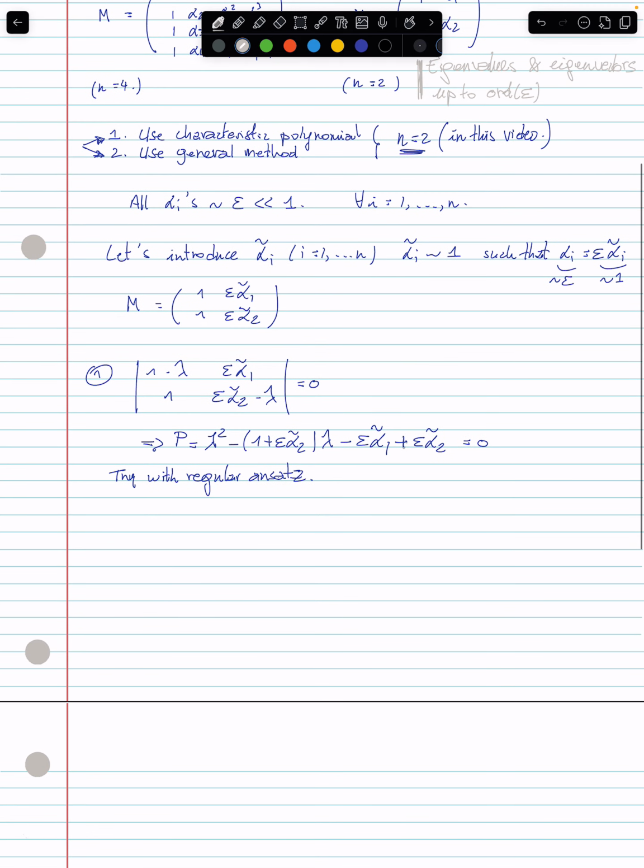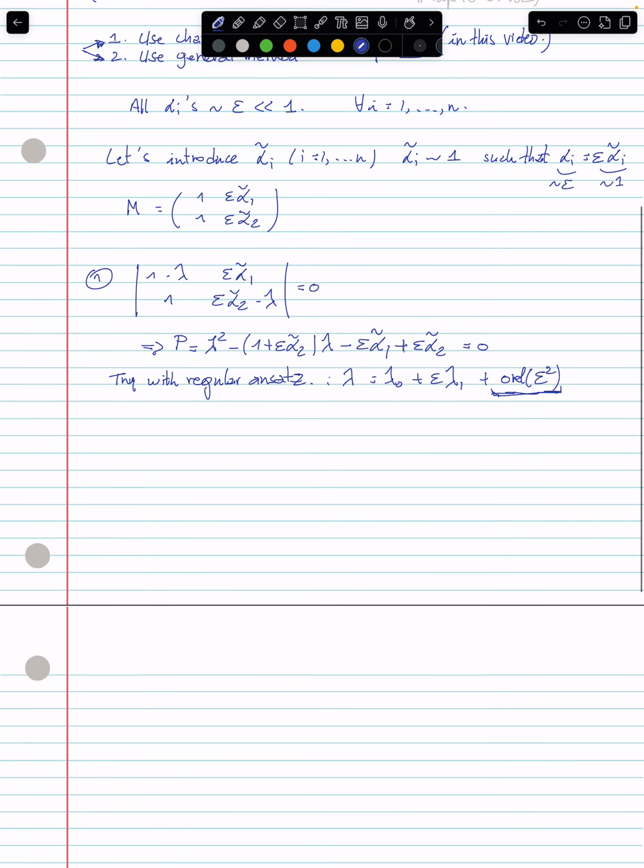All right, so we're going to try a solution of this problem with a regular ansatz, and we're just going to write lambda is lambda 0 plus epsilon lambda 1 plus things that are order epsilon square, and which we don't really care about because of what's been asked. All right. So if we substitute this in the polynomial, we end up with lambda 0 square plus twice lambda 0 lambda 1 plus order epsilon square.